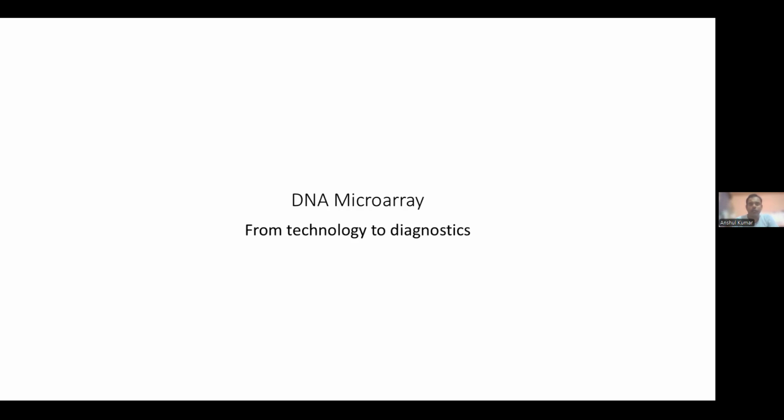So basically, any gene of interest which we want to find is first of all amplified through PCR, and then it is treated with these plates already having the complementary base pairs.